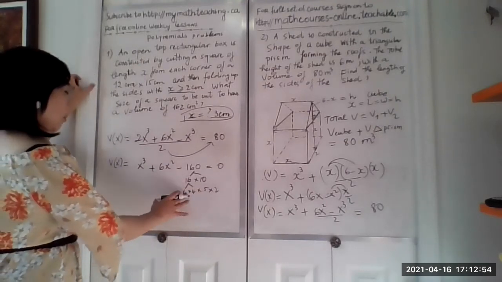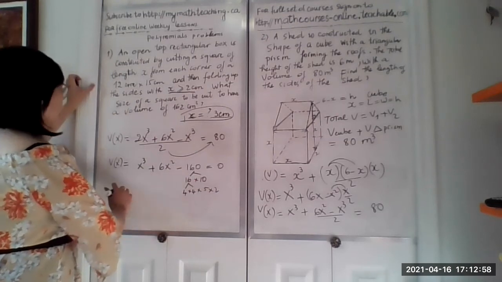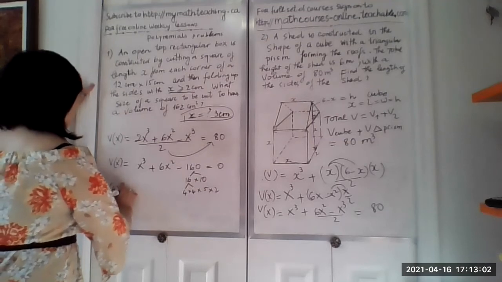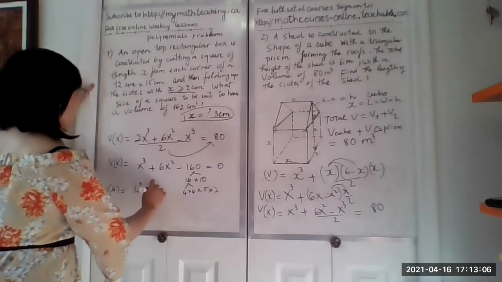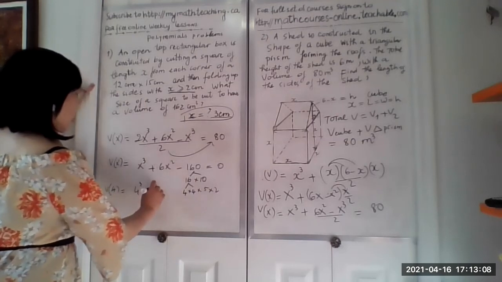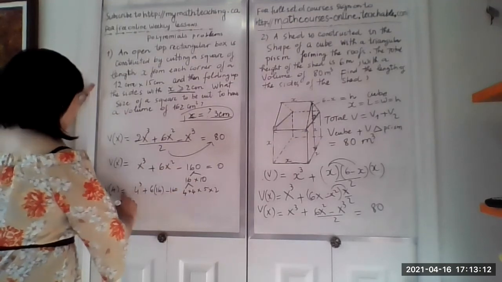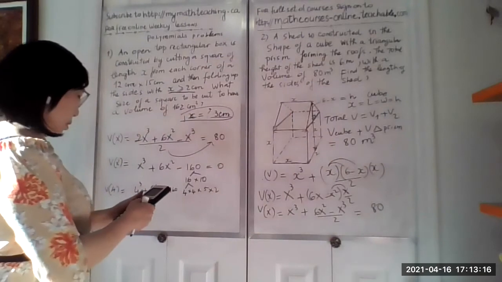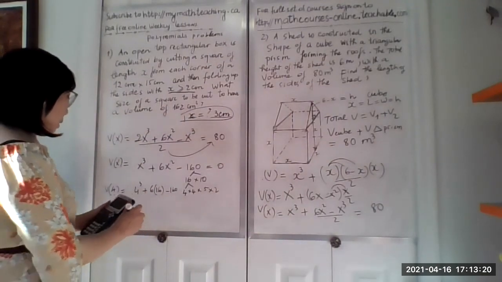Now my inspection is I'm going to try the 4 first. So I'm going to say V of 4, right? It will be equal to 4 to the power 3 add 6 times 4 to the power 2, which is 16, minus 160. Do we get 0 in here? Let's see. 4 to the power 3 is 64.